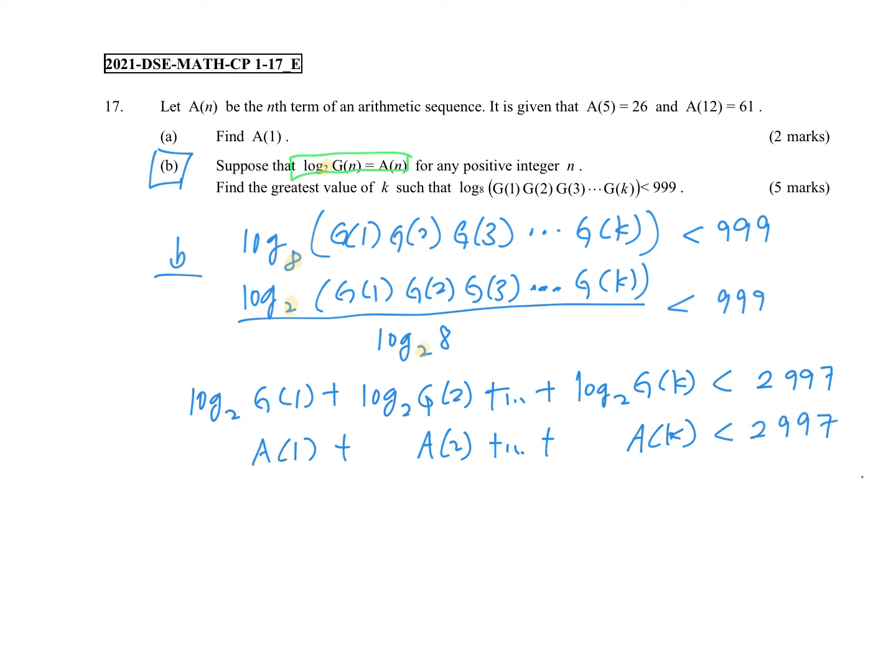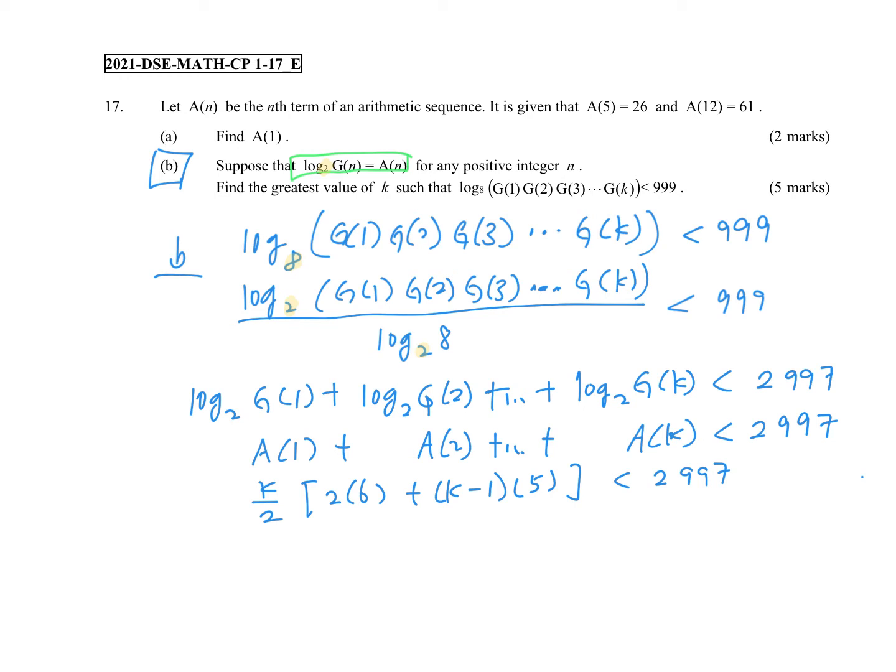And then don't forget, the sequence a_n is arithmetic. So here it is just the sum of the first k terms of the arithmetic sequence a_n. We recall the formula: k over 2 times (2a plus (n minus 1)d), d would be 5, and then less than 2,997.